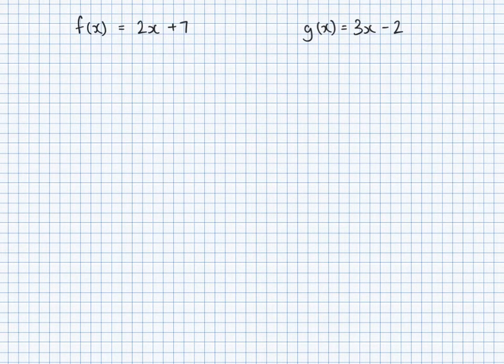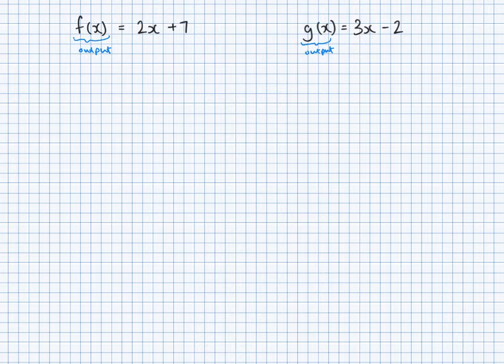In these functions, we can say that the f of x here is a representation of the output. What I mean by that is if I was to use this expression with some input for x, the result that I get is f of x, because I worked that out. So this here, we can say that this is another way to say output, and here g of x is representing the output.